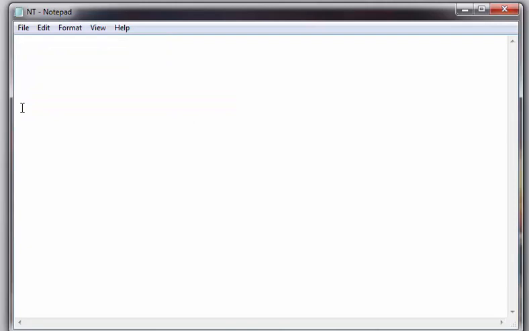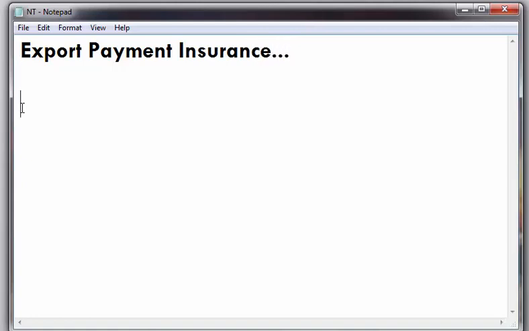Solution number one is what I will call export payment insurance. There is a way you insure your payments. The only way you can actually claim your money is to use what I call export payment insurance.